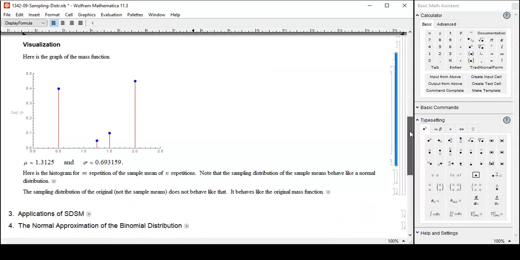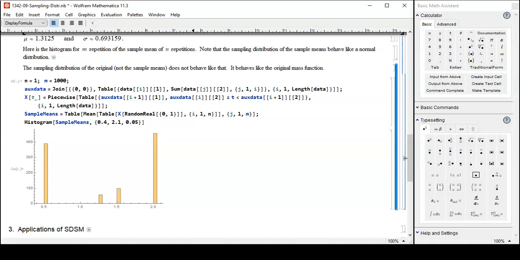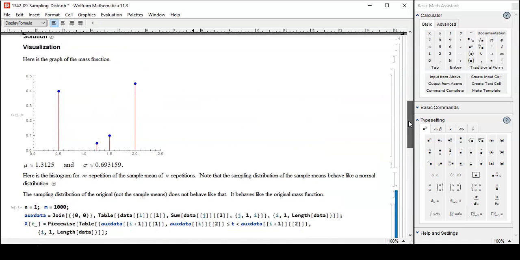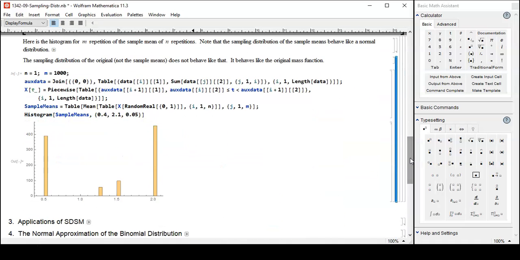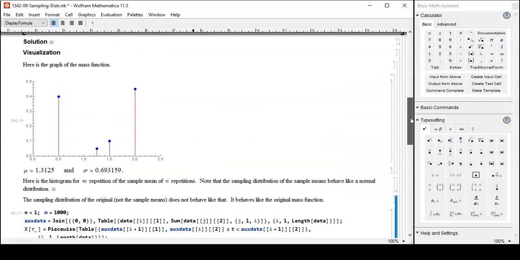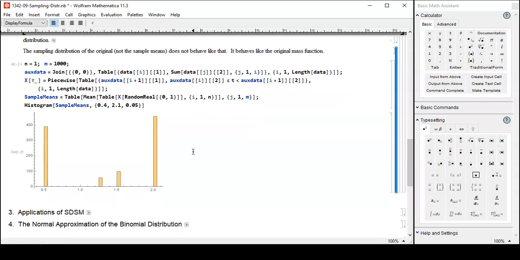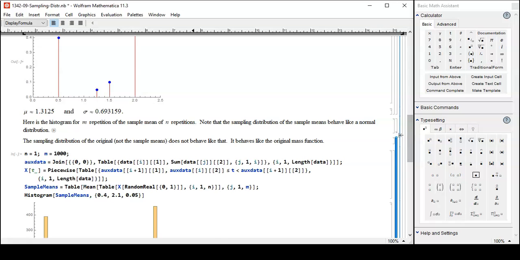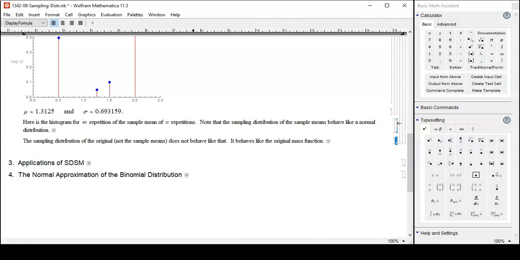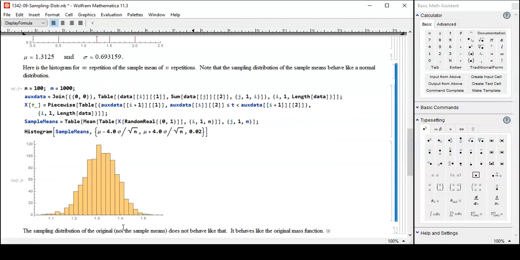Now, if you redraw that as a probability histogram, instead of those dots, express those as non-overlapping rectangles of the same width, it's the same thing. And again, that does not look like normal at all. But then again, from here, we apply the sampling distribution of sample means and repeat it many times to see the behavior.